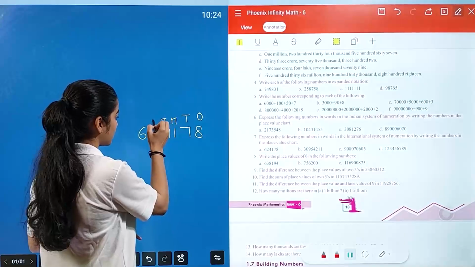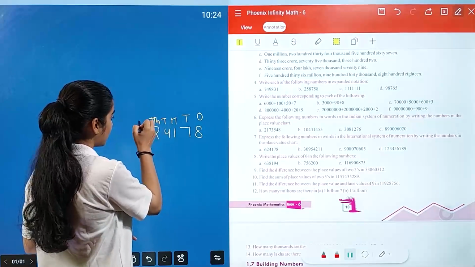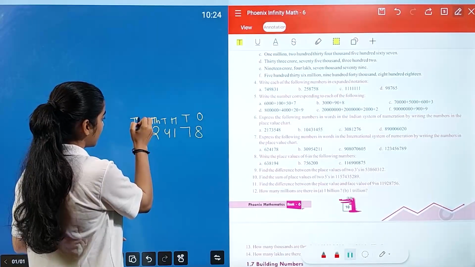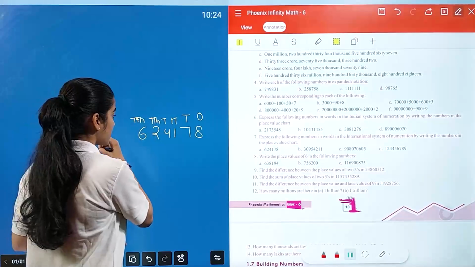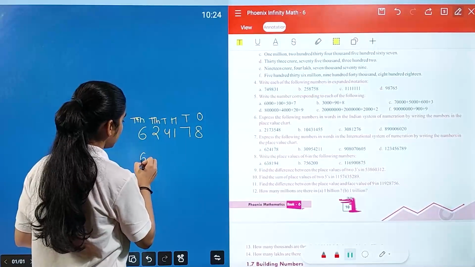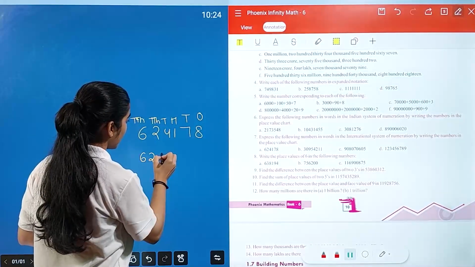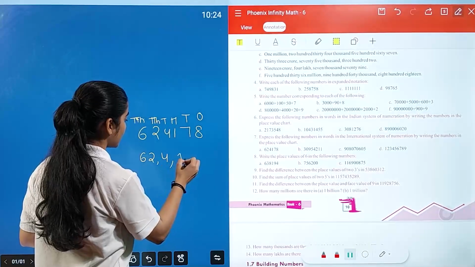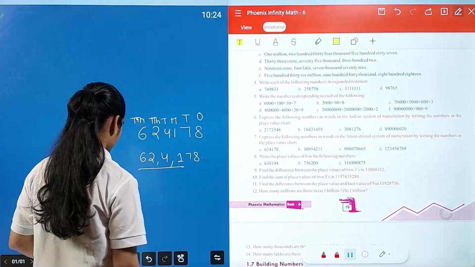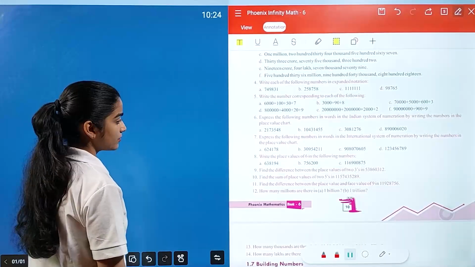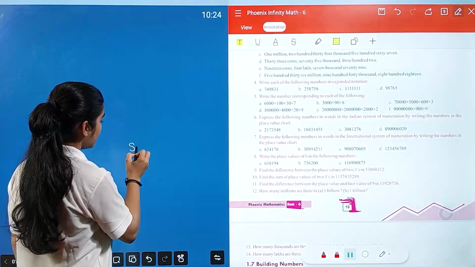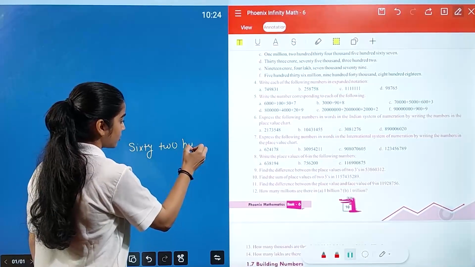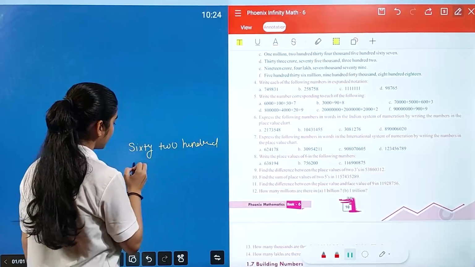After 100 we have 1,000, then 10,000, and 100,000. So this is 60,200, 4,178 is your answer.